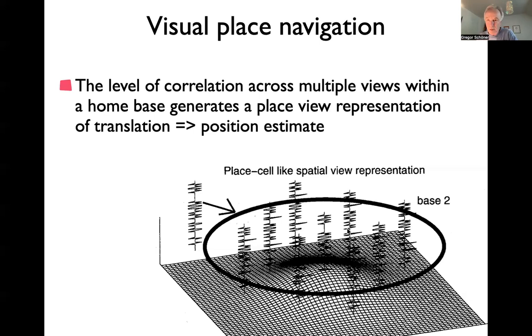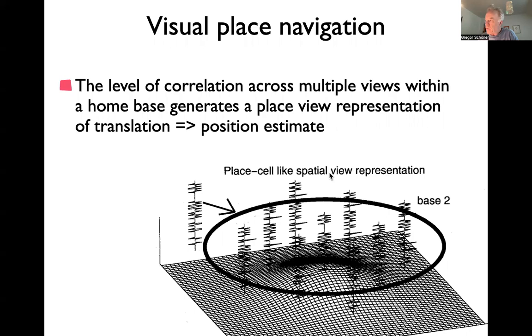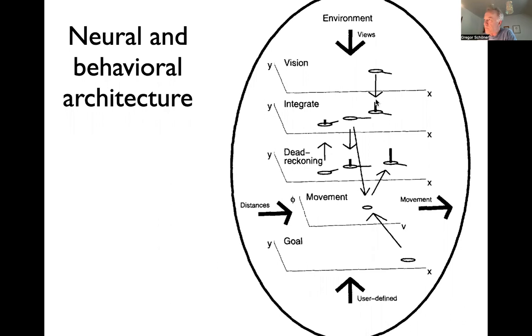So this would be combining many such votes in a population code picture. Okay, so that's how this system worked. And when I say we estimated the location, it was really just by taking the values that were stored with these views when we acquired the home base, combining these in this weighted way and taking that value. So that's the value that's passed down to this fusion layer here.